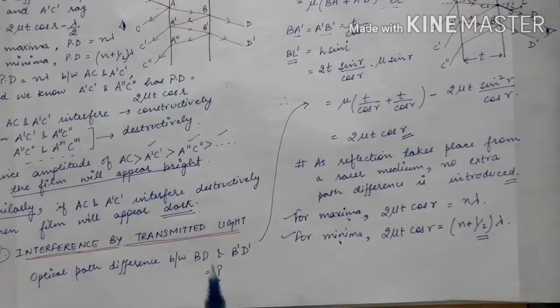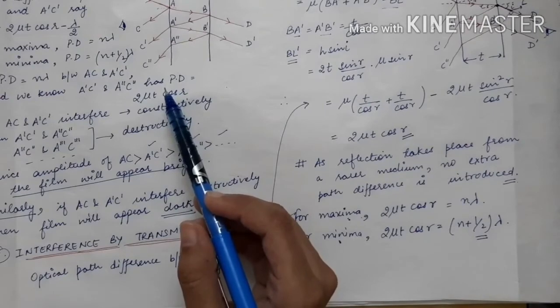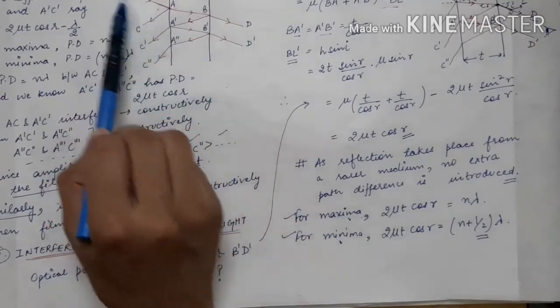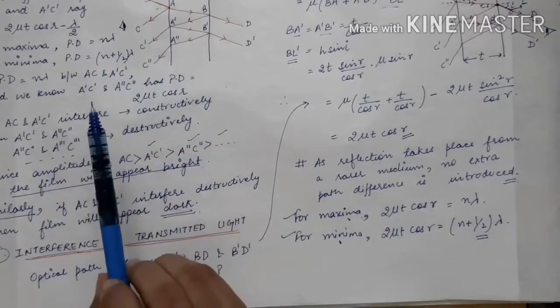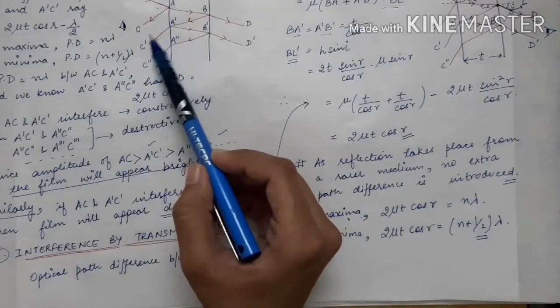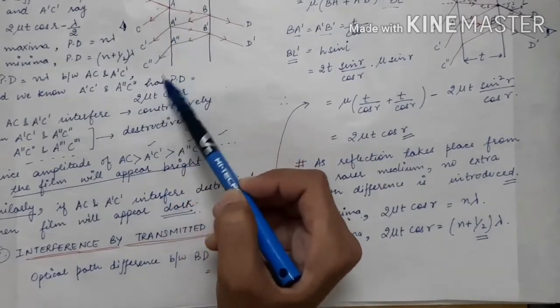Now for the case of white light, we know there are 7 colors, 7 types of wavelength that constitute white light. If white light is shone upon this film, some wavelengths will interfere constructively in the reflected light from the film.